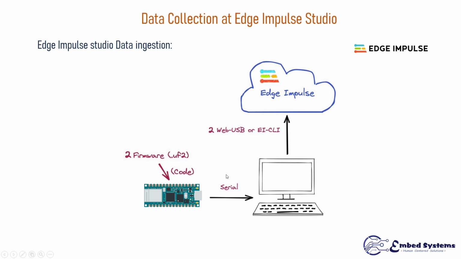So you have the board, and then you need to download firmware that is meant for the RP2040 microcontroller. I will show you how to do this, and then you connect it by USB cable to the PC, and then you will initiate a connection to Edge Impulse. This is the process I'm going to show you shortly.